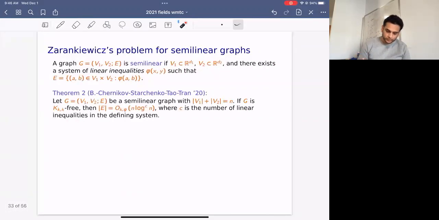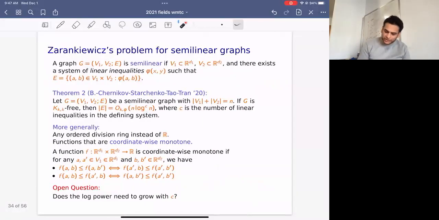What we end up showing is that if you have such a graph, then the number of edges is bounded above by n times some power of log n. And this power of log is precisely the number of inequalities that you need to define the system, which is how we got the 4 for the rectangles. So if you have boxes in 3 dimensions, you can get a bound that looks like n log^6 n.